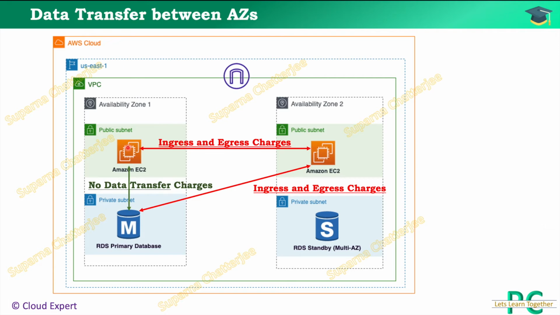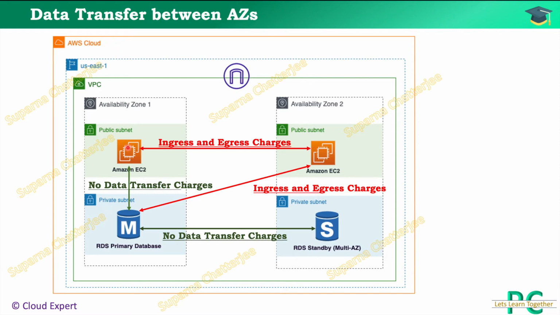Now what about the RDS Multi-AZ database? RDS synchronizes the data between the primary node and the secondary node. Although both nodes are in different availability zones and RDS is transferring data across availability zones, you are not paying any ingress or egress data charges for this synchronization.